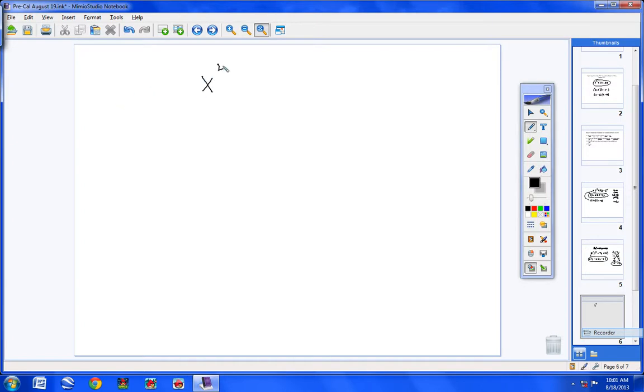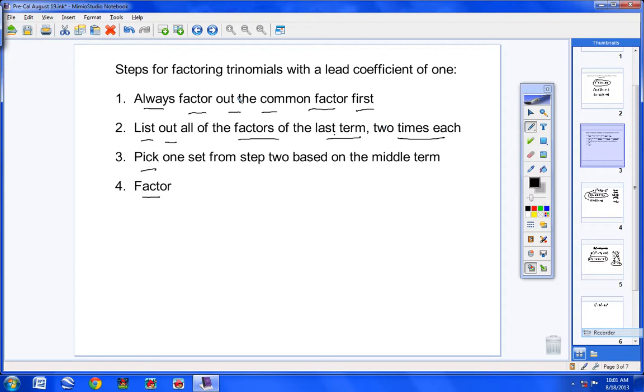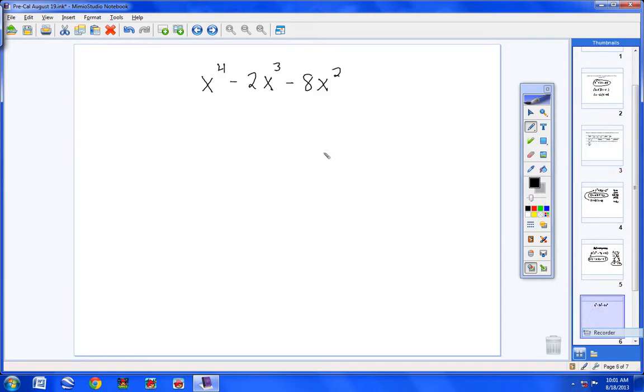x to the 4th minus 2x cubed minus 8x squared. All right. Now, I remember step 1 was always factor out the common factor first. So, I can't pull any numbers out. There's a 1 here.